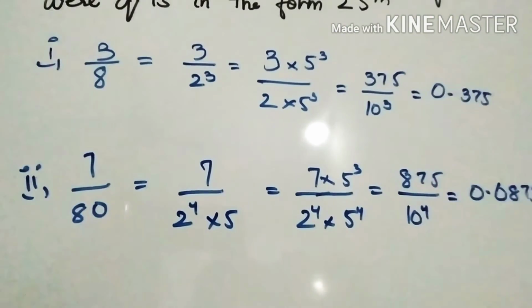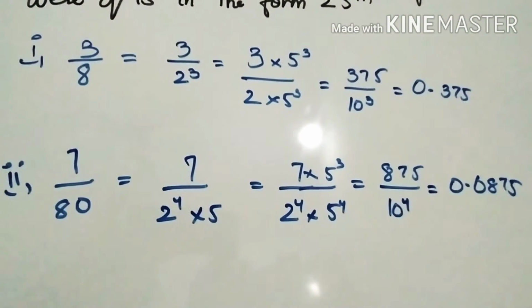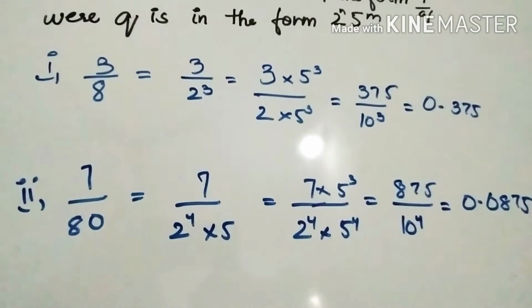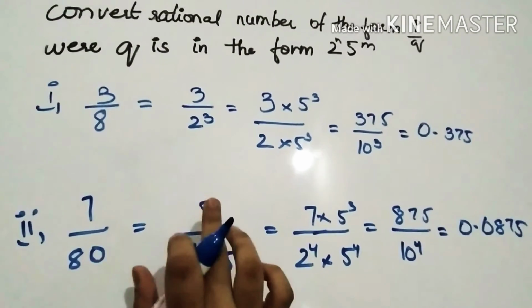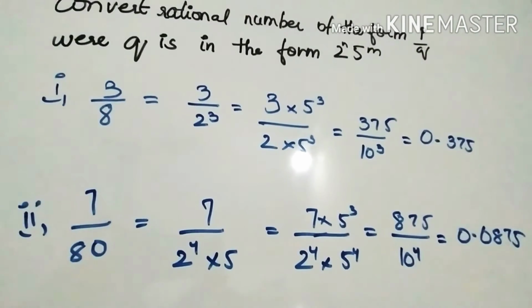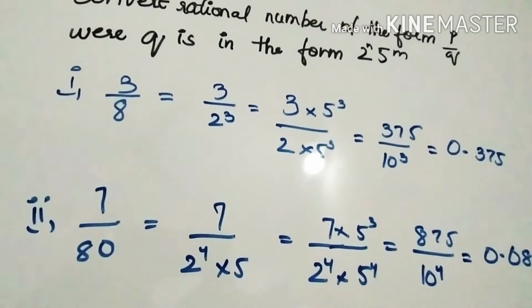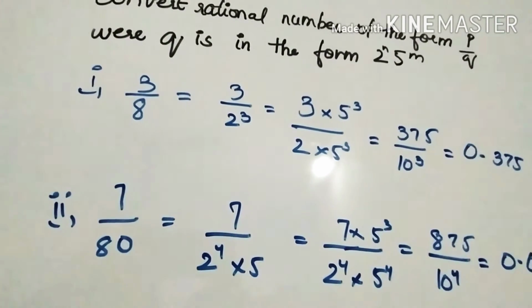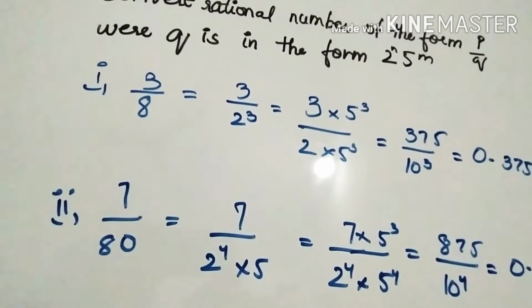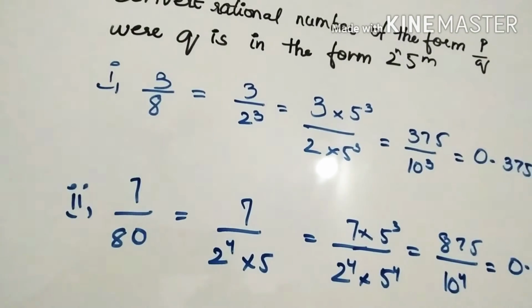So these are examples that show us how to convert a rational number of the form p by q, where q is in the form 2 raised to n into 5 raised to m, to an equivalent rational number where the denominator is a power of 10, which is a terminating decimal.